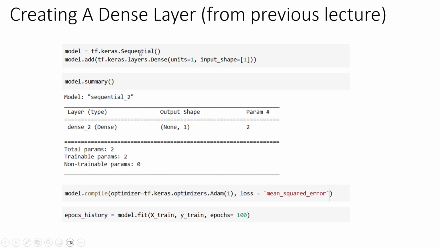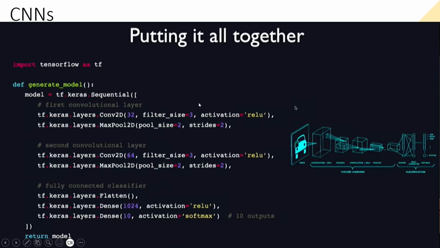We defined the sequential model, we added the layer, we compiled it with optimizer and the loss function. And the rest is just training. So it's gonna be quite similar. But for convolutional neural networks, as I said, this layer definition will be a little bit more tricky.